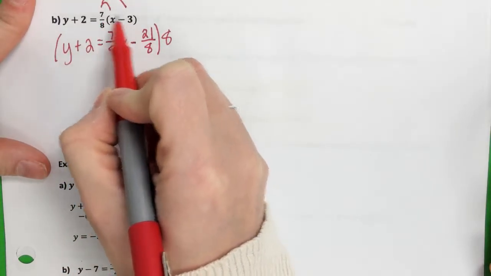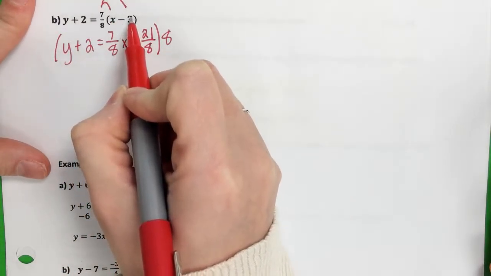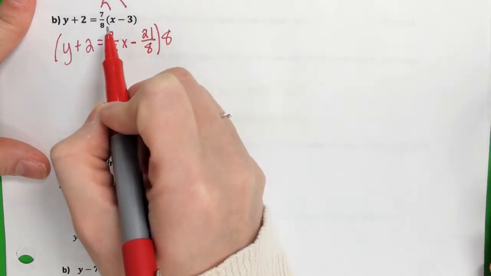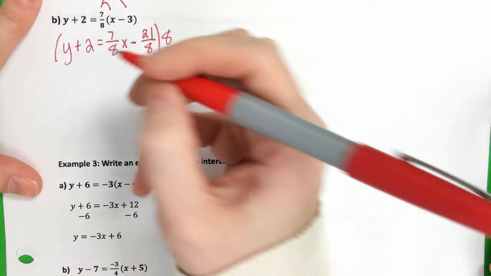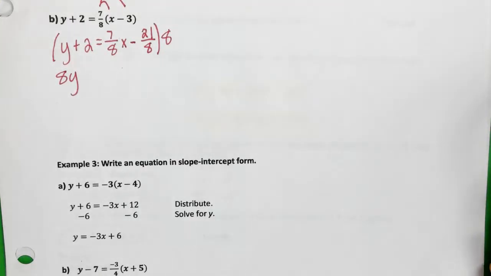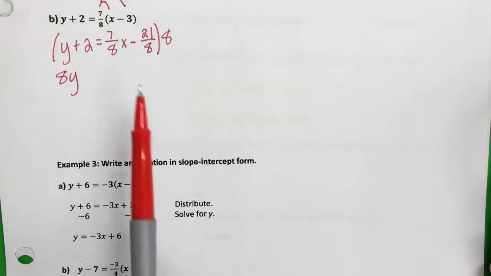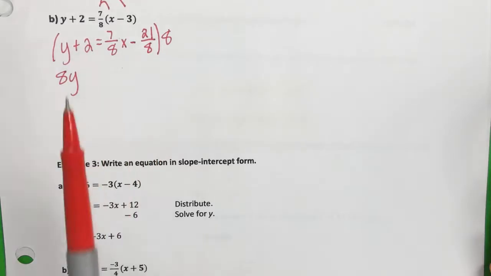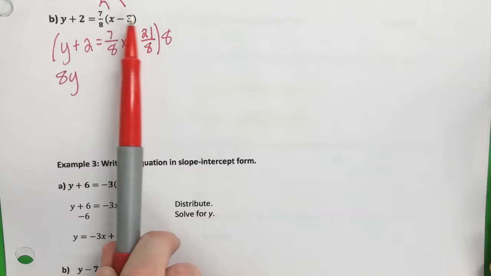That is 7 times 3. Pretend this is like 3/1, if that helps you. What's 8 times 2? 16. Are there any questions on where this 21/8 came from? All you have to do is multiply the numerator.